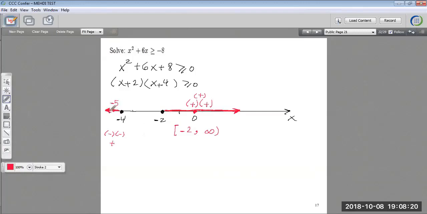So your other solution would be, union, all the numbers from -infinity to -4 would be the other solutions. You do not want to include any points between -4 and -2. If this were less than 0, then you would pick all the points between -4 and -2 as a solution.